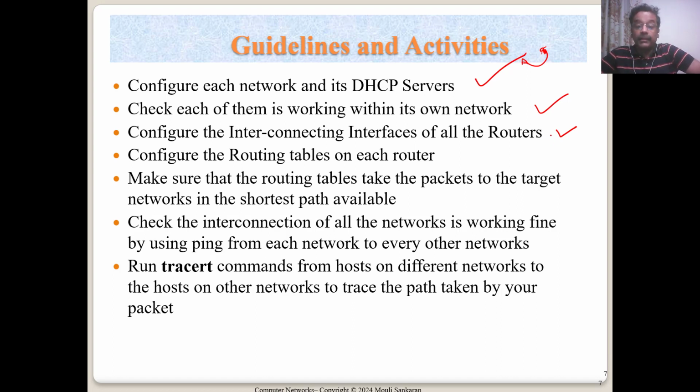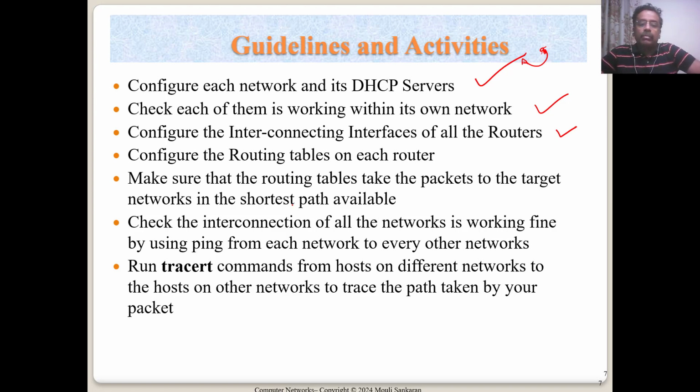You have to open each of the interfaces. You should know which interface is connected to which side of the network, and I will tell you how to see the labels of all the interfaces so that you don't get confused in configuring the IP address, because when you configure the IP addresses wrongly, it will not work. It won't give you any error, it won't blow up the router, but it won't work.